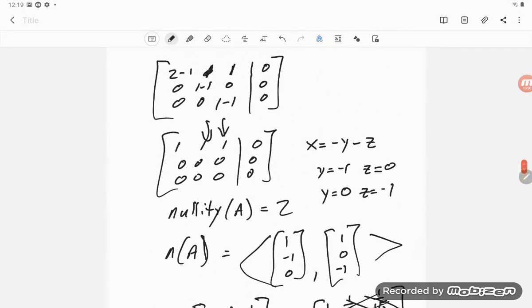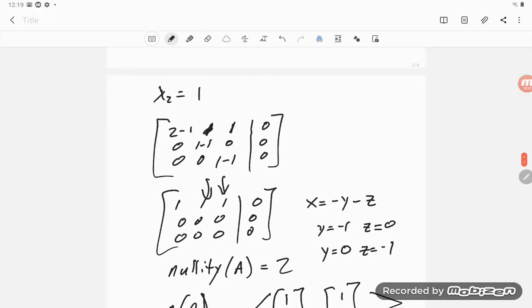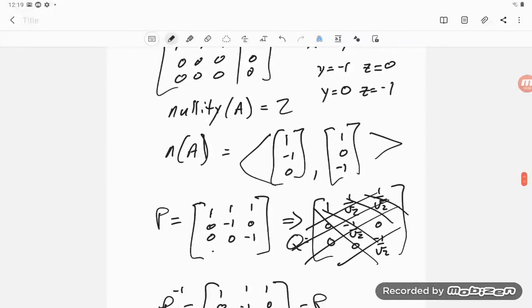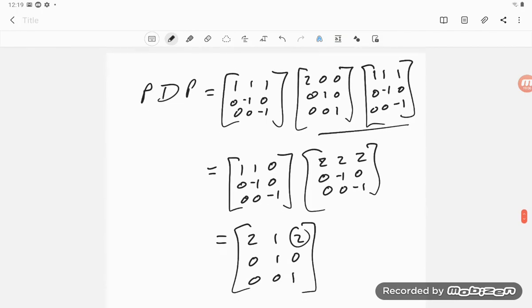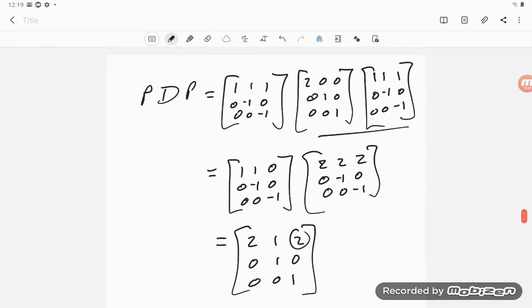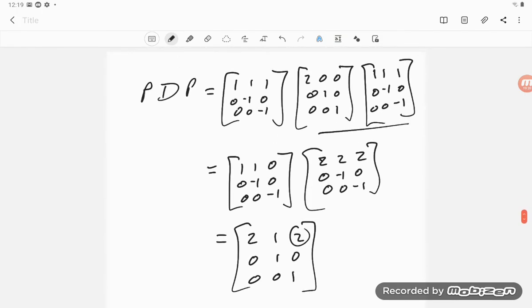For my A. Yes, that should be a 1. Let's see. 2, 0, 0. Yeah, that looks like that should be 2, 2, 2. Negative 1. Yeah, and negative 1. That looks good.